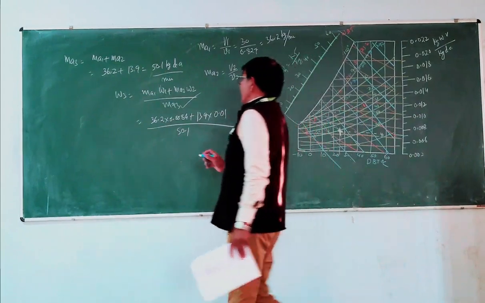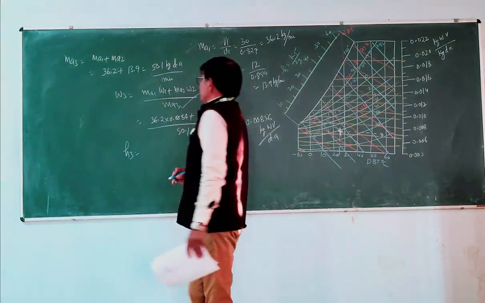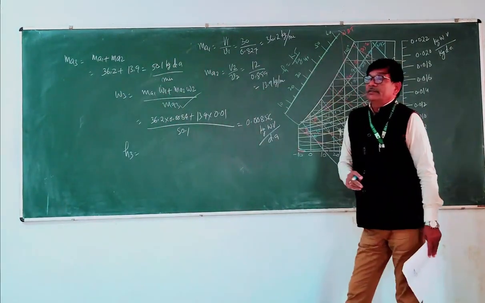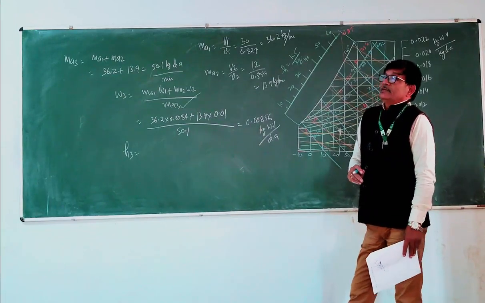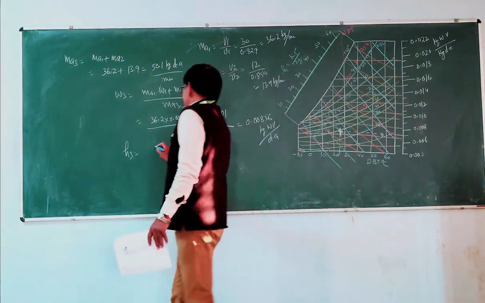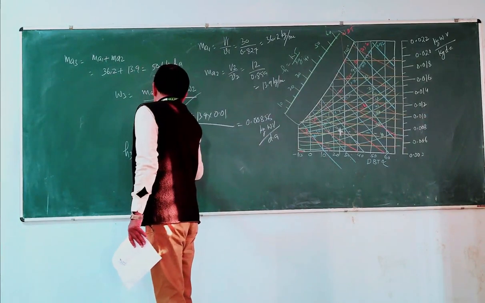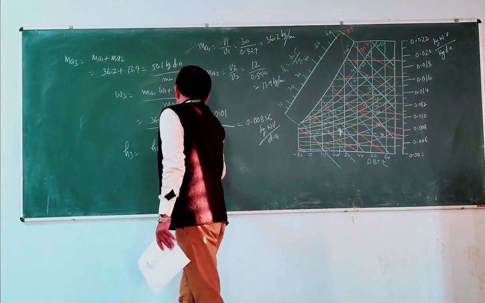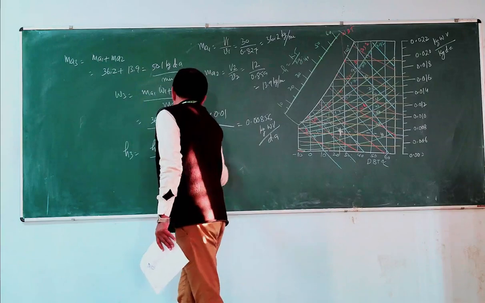Now you can find out h3 by using the same equation that we have derived for the mixing, that is h1 ma1 plus h2 ma2 upon ma3.